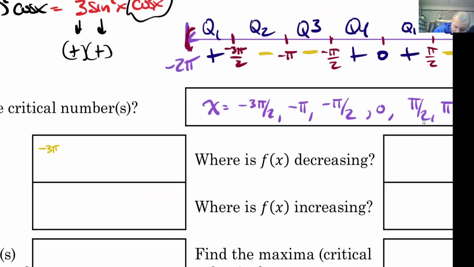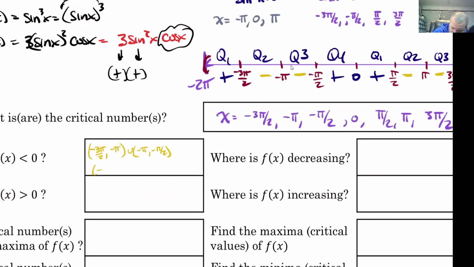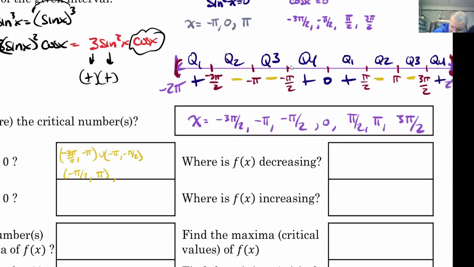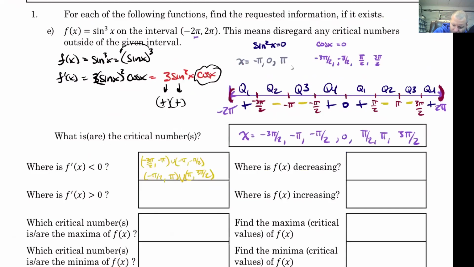Negative 3 pi over 2 to negative pi, union negative pi to negative pi over 2. We're not decreasing at negative pi because we're 0, we're stopped. We're also decreasing from negative pi over 2 to pi, and again from pi to 3 pi over 2. That's where our function is negative, so therefore that's where our function is decreasing.